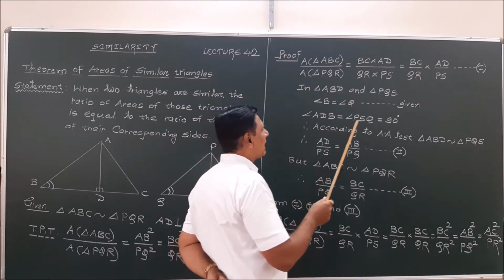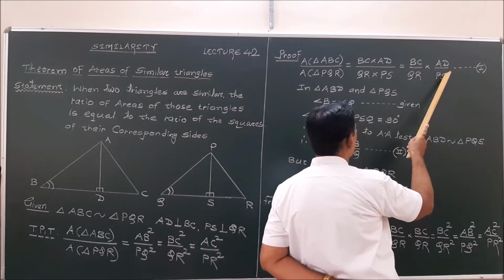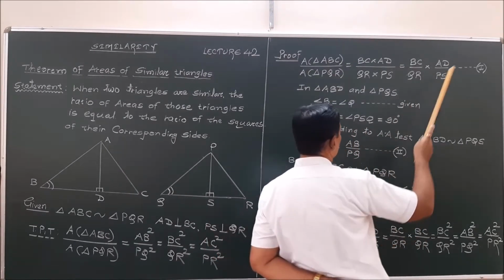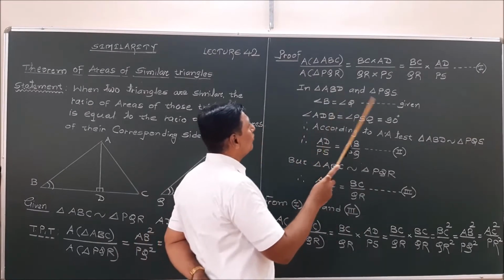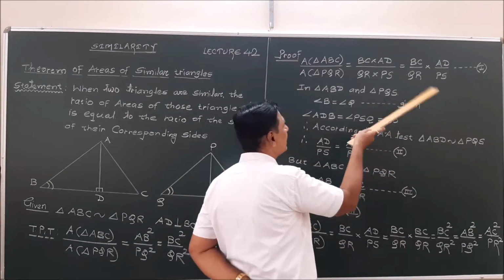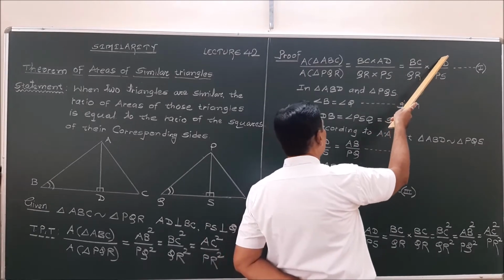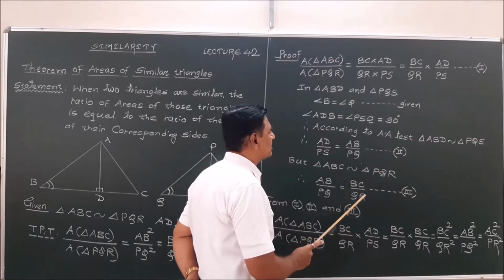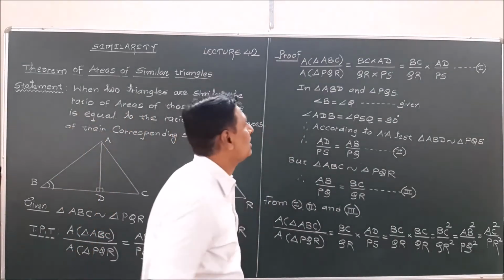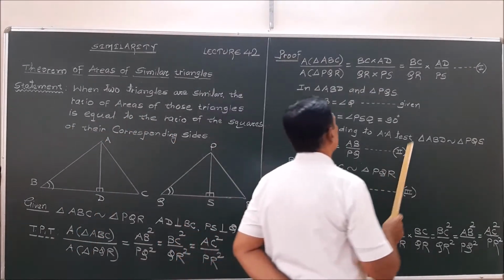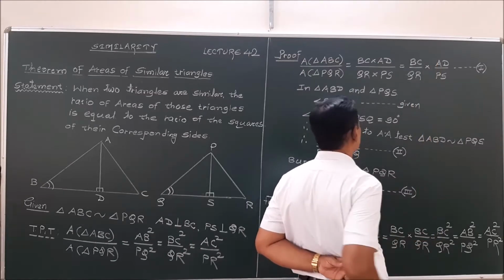So I can replace this AB upon PS in equation 1 by what? AB upon PQ. And moreover, in the next step, this AB upon PQ can be replaced by BC upon QR. Very important. So in the first step, BC upon QR into AB upon PS.